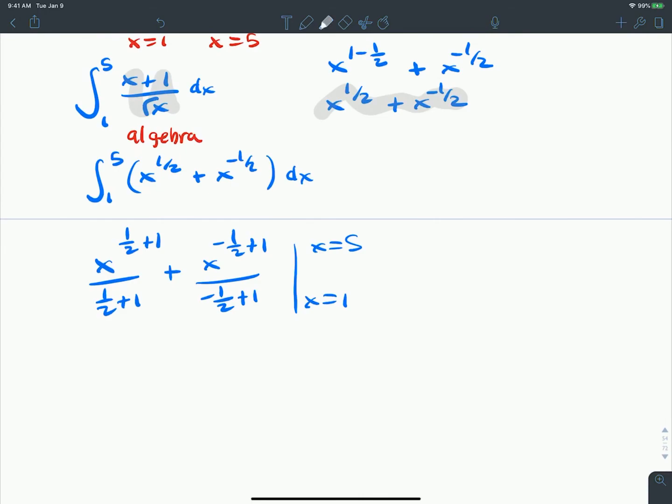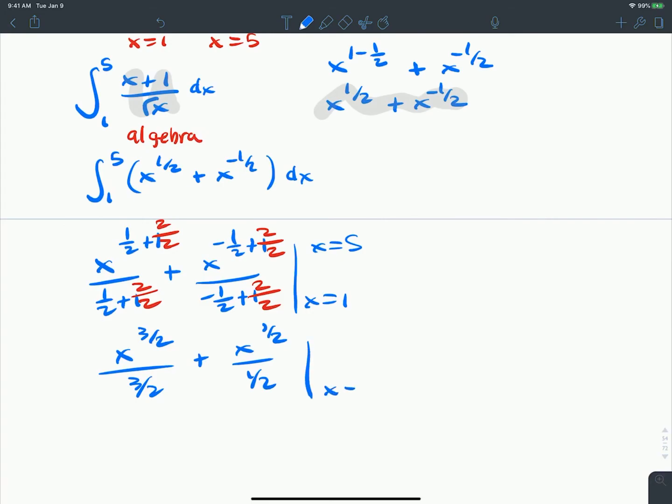Don't forget, we're going to have to add our fractions here. So this is 2 over 2, 2 over 2, 2 over 2, 2 over 2. X to the 3/2 divided by 3/2 plus x to the negative 1/2 plus 2/2, which is 1/2. And that goes from x is 1 to x is 5.